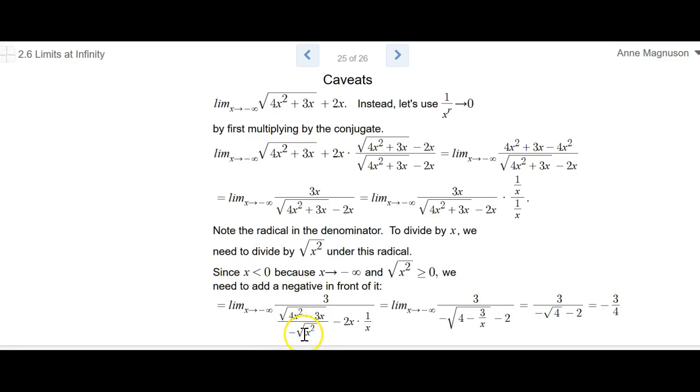So this bit is tricky. You need to be careful when x is going to negative infinity, especially when a radical is appearing in your function. Because if you use this trick, you have to remember that the square root of x squared is always returning a positive value, and you're going to need to negate it if you have a limit like this.